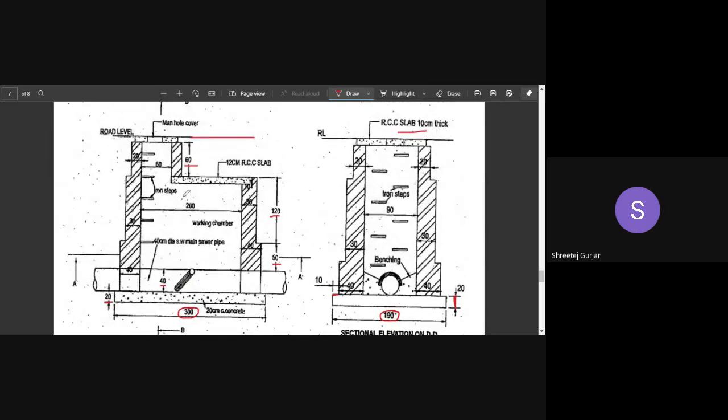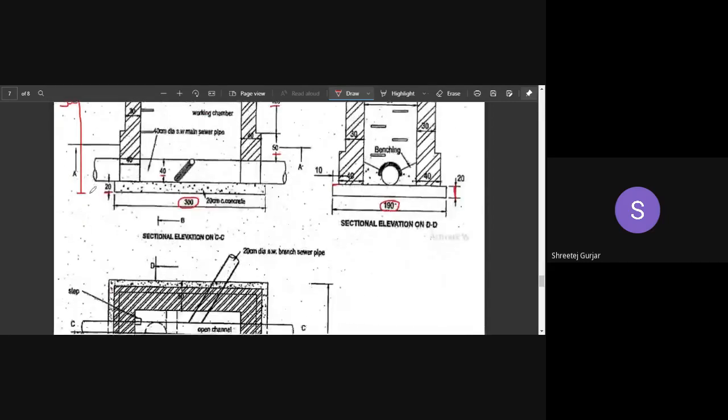Okay, all of this you need to add. So 10 plus 60 plus 120 plus 50 plus 40 plus 20 is the overall depth. It is coming around 300, starting from your road level going up to bottom.